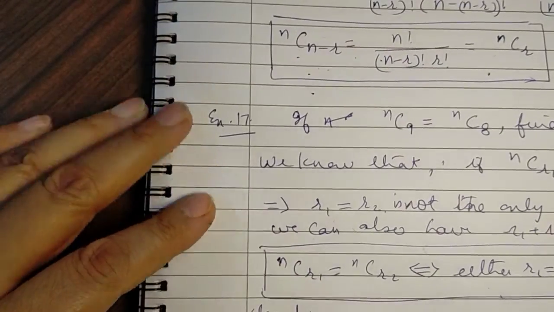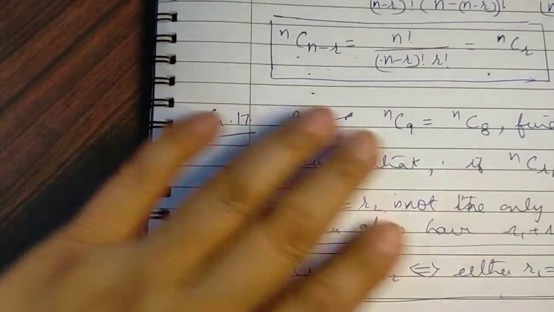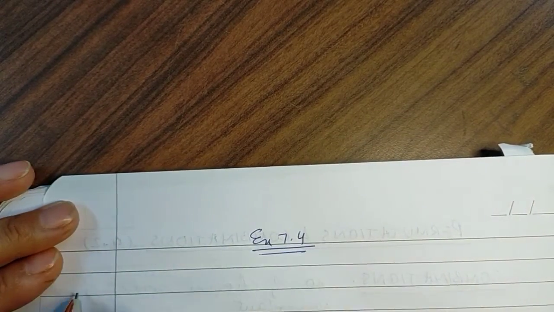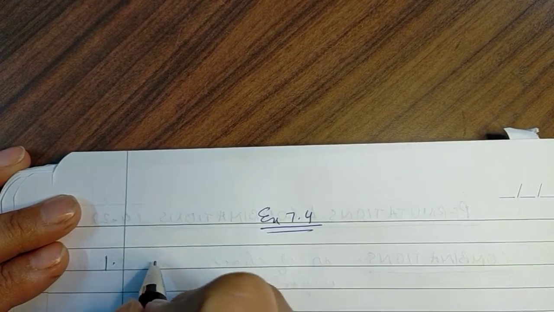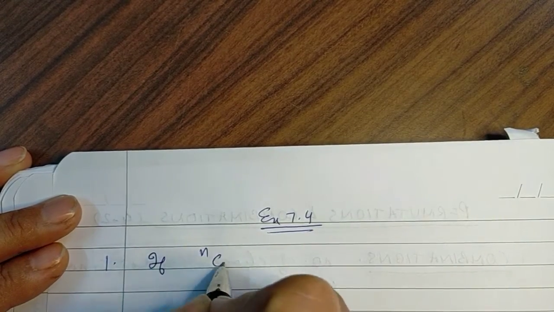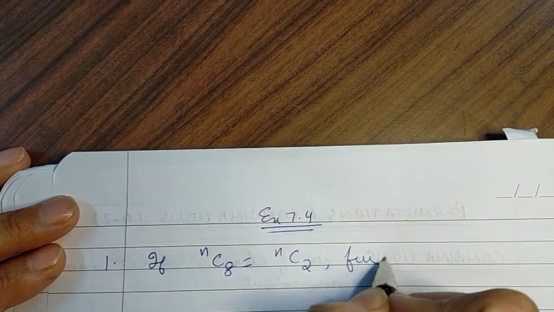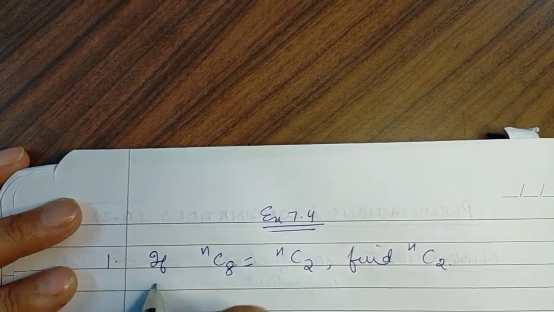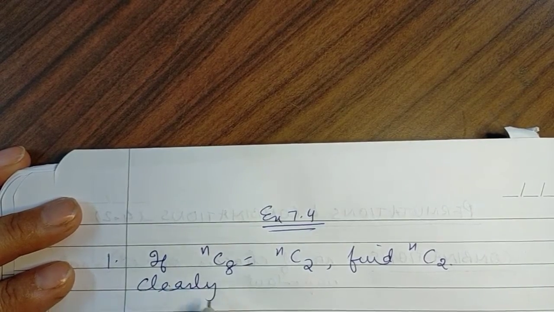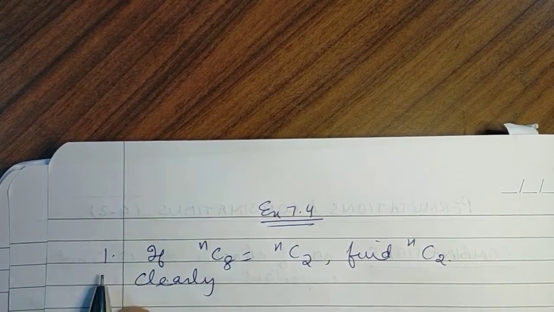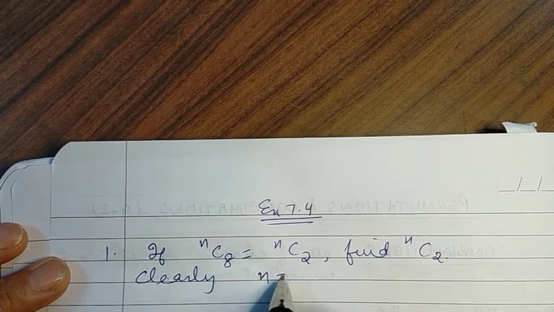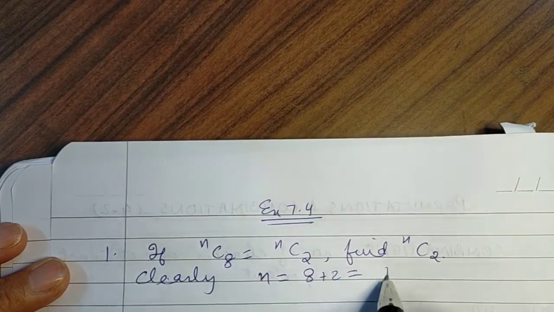Now similarly we can do the first question of exercise 7.4, which is on the same lines as this. We have exercise 7.4 question number 1, which says that if nC8 equal to nC2, find nC2. So clearly, exactly on the same lines as the previous question, we have n equal to 8 plus 2, which is 10.